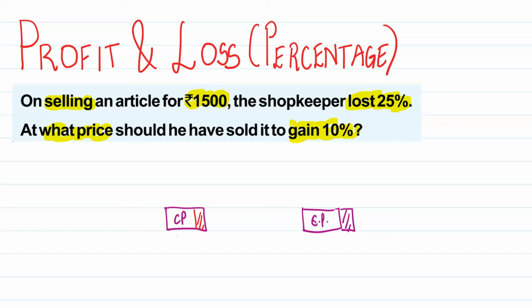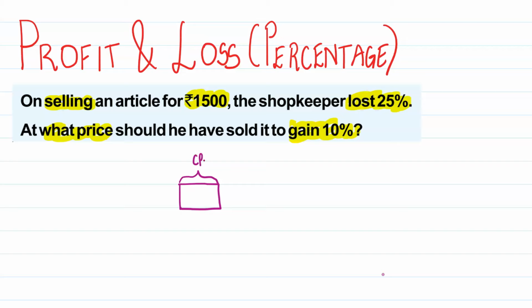Now here we have been told that the shopkeeper lost 25%. Let's say this is the CP. We don't know how much is the CP, so let's assume it to be X. And we have been told that he lost 25%.